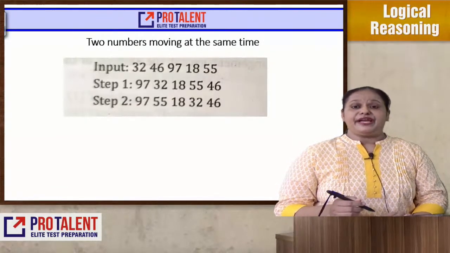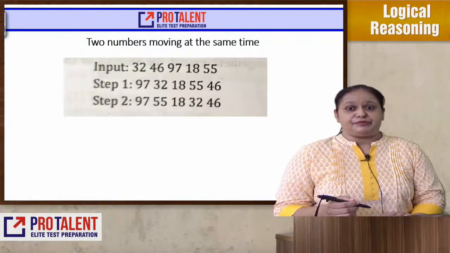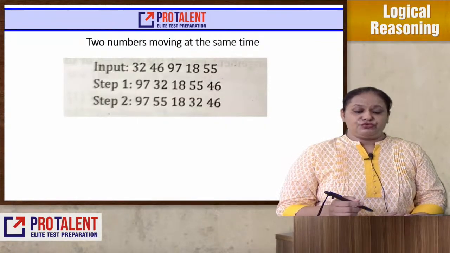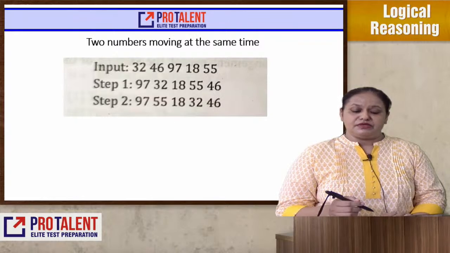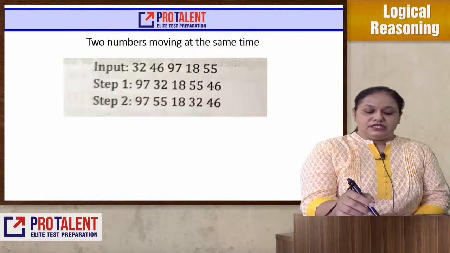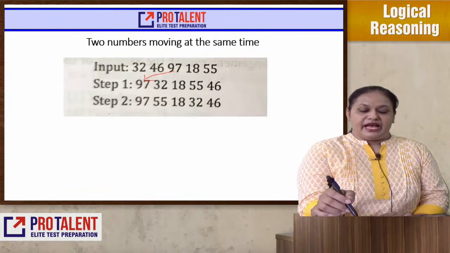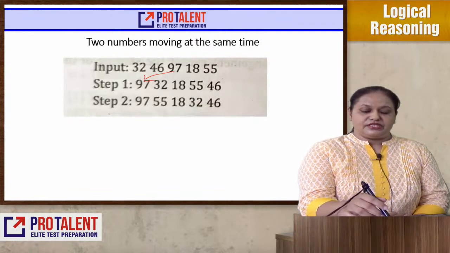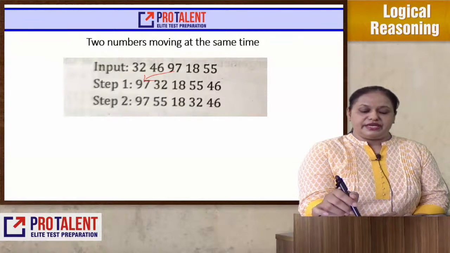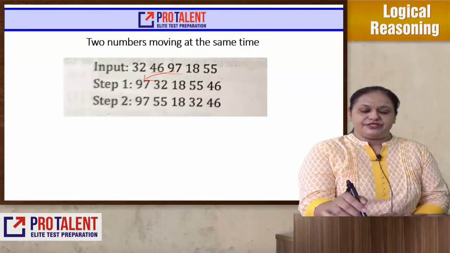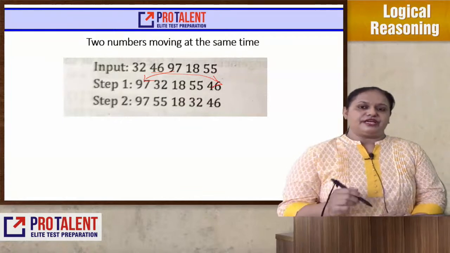Two numbers moving at the same time, this can also be one of the probable logics. So there are two numbers, so can we see how two numbers are moving at a time? 97, the highest number, is here, and then 46. On what logic has this number moved?